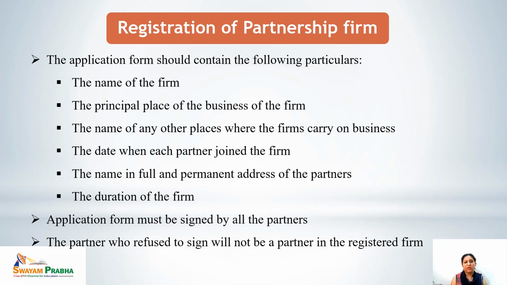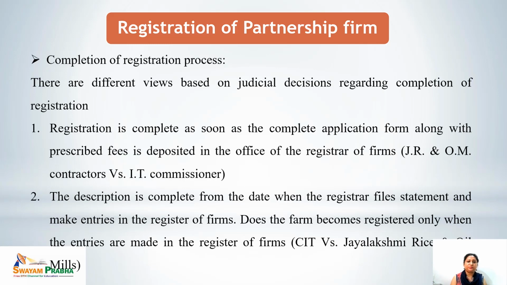And most important, this application form must be signed by all the partners. If any partner is not willing to sign this application form, that partner cannot be a partner in the registered partnership firm. Means to be a partner in a registered partnership firm, every partner needs to sign.